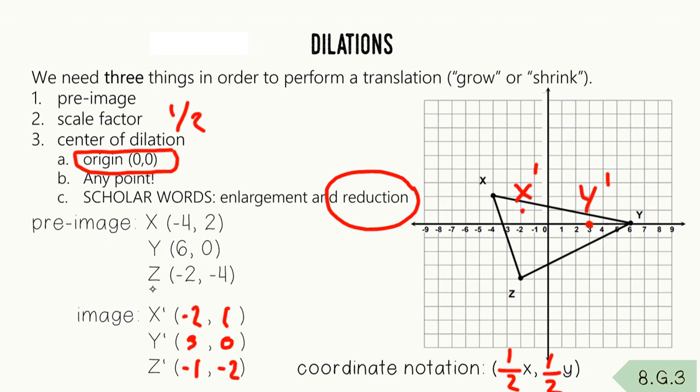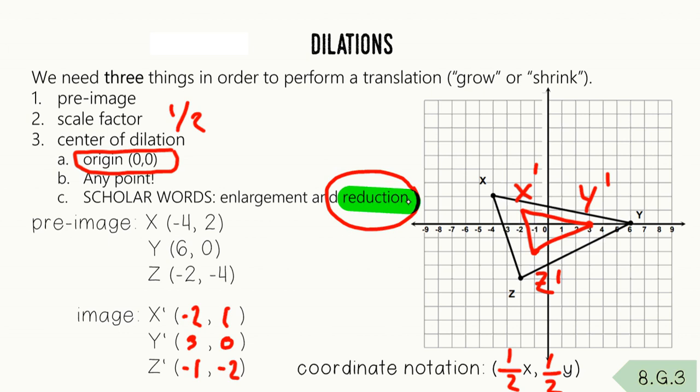My new z, called z prime, will be located at -1, -2. And I'll label that z prime. And when I connect my 3 points, I see that I have a smaller triangle than I started with. Okay, it has indeed been reduced in size.